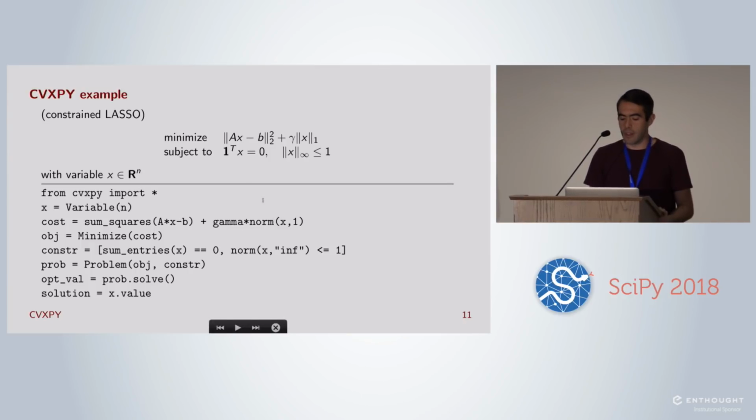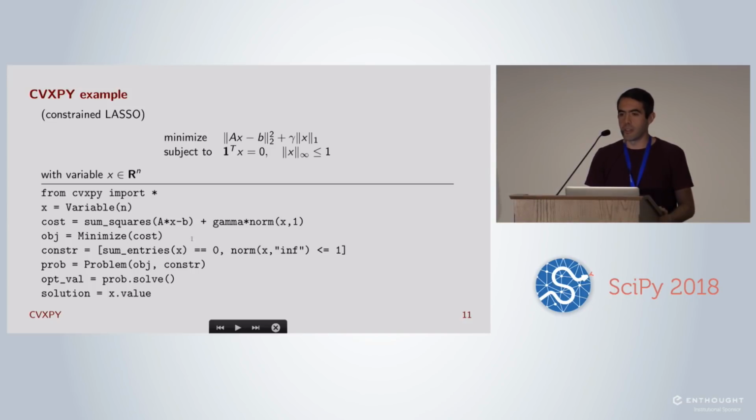And then here's the L1 norm term, which is using a CVXPY function multiplying by some float. And then again, they're added, operator overloading. So then we get this expression tree, which is assigned to cost. It represents this term. Then we make an objective out of that with this minimize constructor.